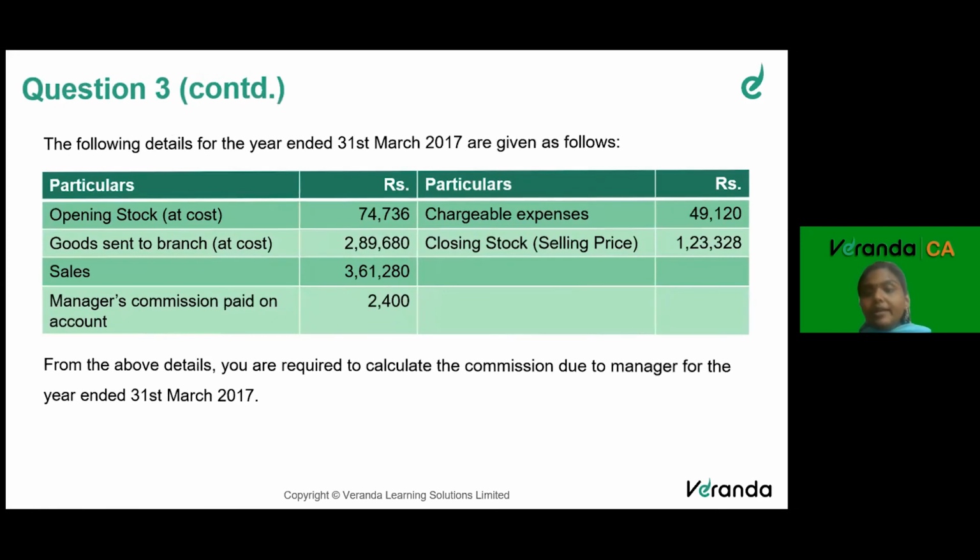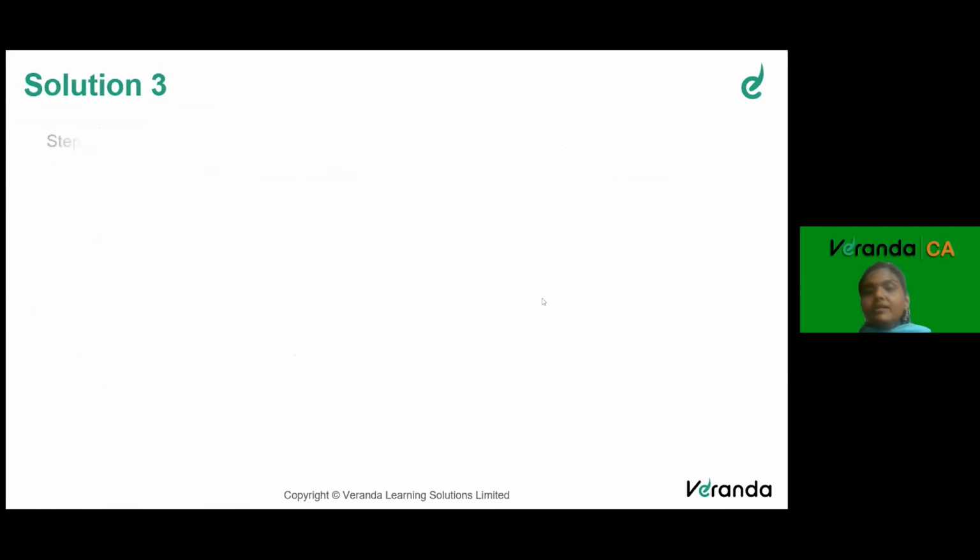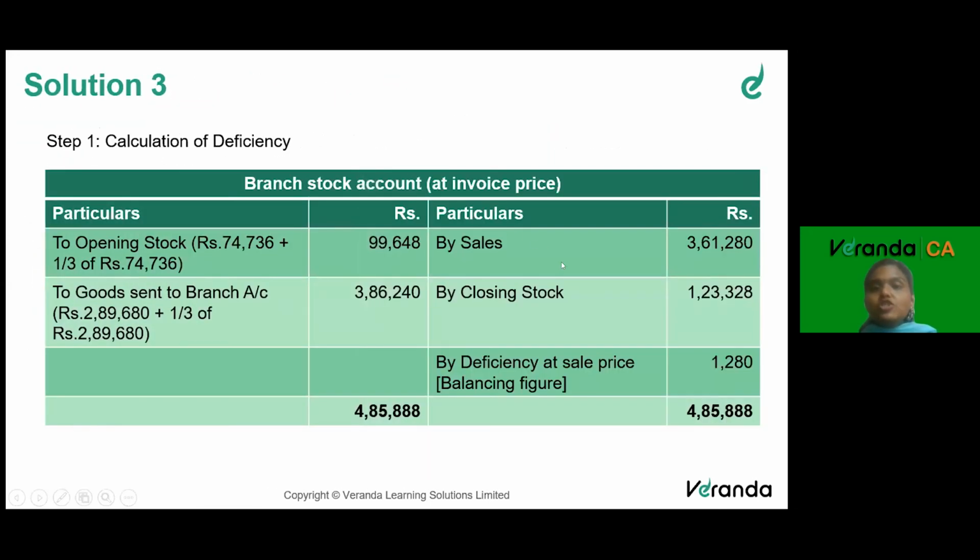But you all remember something? What is the value at which this branch stock account is prepared? Invoice price. So this 1,280 is at invoice price, so it is at selling price. So reduce it, not cost means 1/3 you all told me, but this 1,280 has 1/4 added to it, profit element.